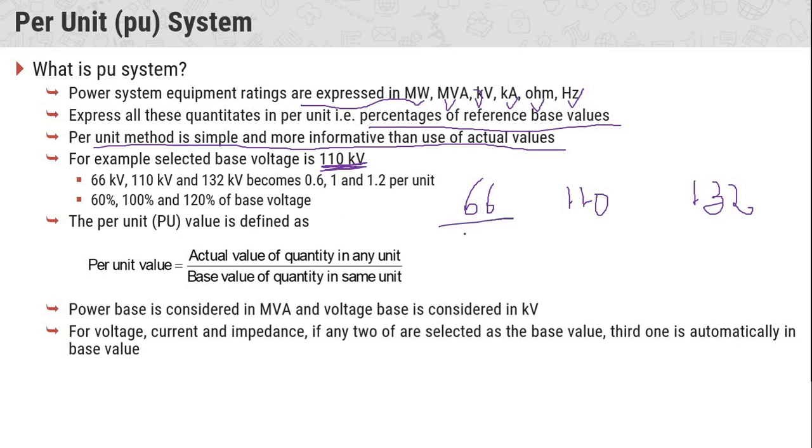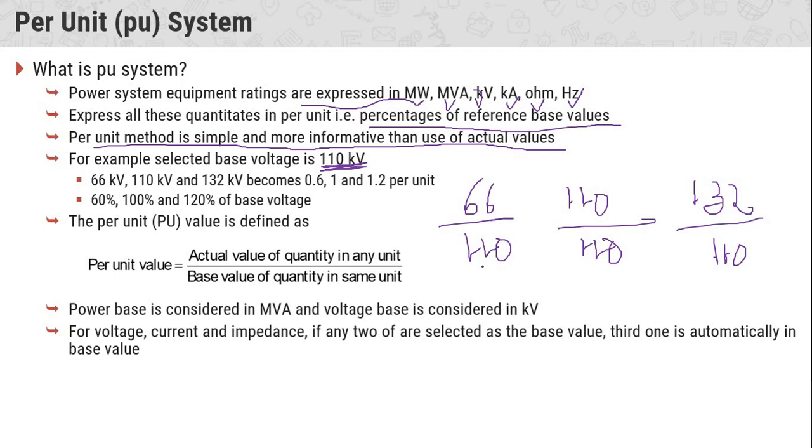So 66 divided by 110, 110 divided by 110, and 132 divided by 110. If we want a per unit value of some quantity, we divide that quantity by the base value, then we get the per unit value.